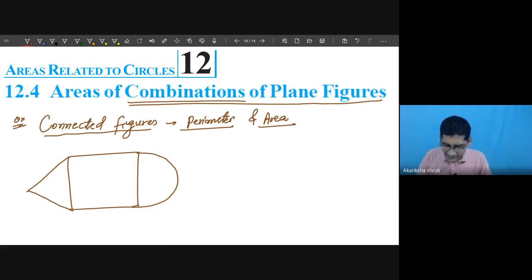So consider a square of side length, say, 5 centimeter. On this square, on one side a semicircle is drawn, and on the other side an equilateral triangle is drawn.